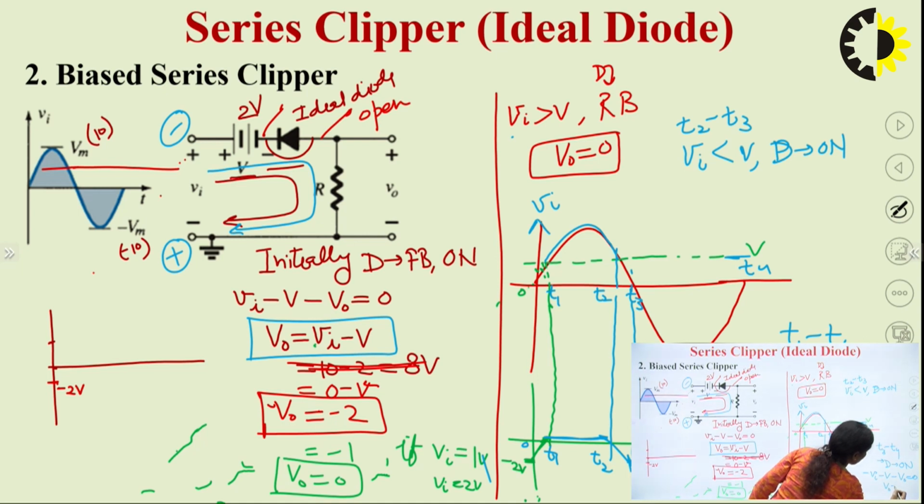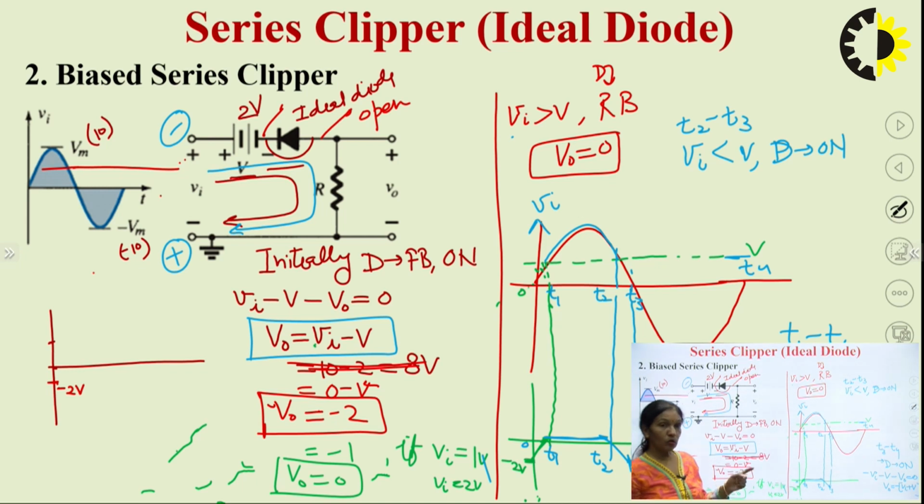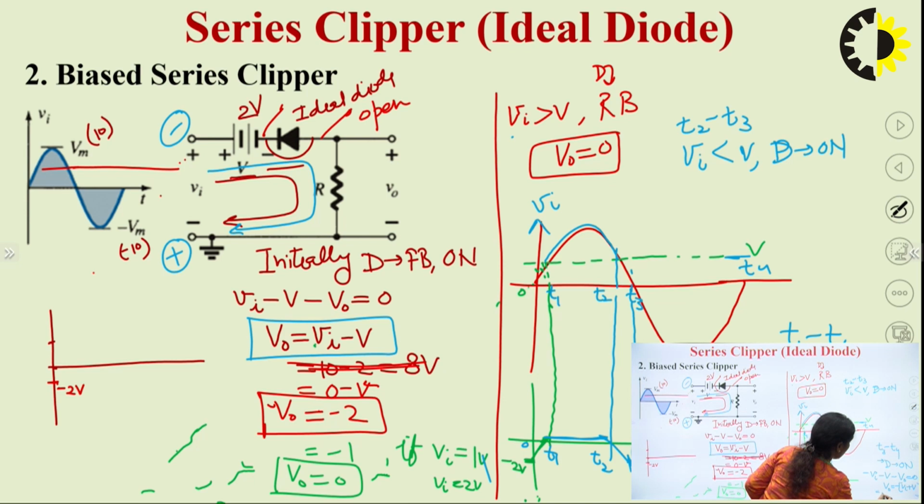So V naught will be equal to minus of Vi plus V. So if I consider Vi as the maximum value of 10 volt and V as 2 volt, that is a fixed battery, then output will be equal to minus of 12 volt maximum. So at this point of time you get the maximum value of 12 volt, which is minus of Vi plus V volt. So this is the output waveform.